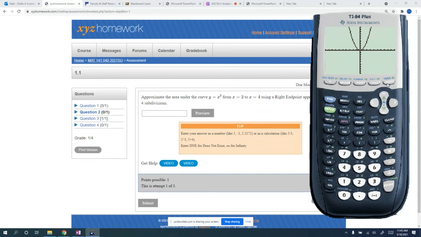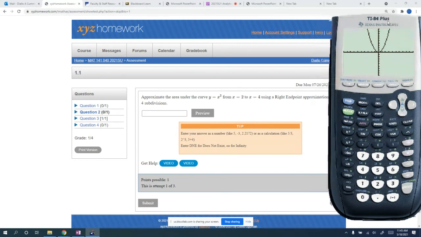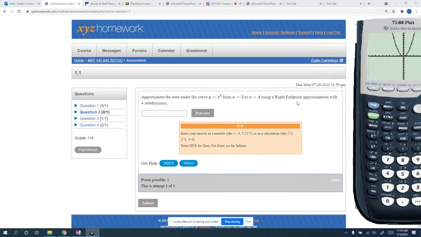So this is y is equal to x squared. From x equal to 2 to 4, we want to find the area using a right endpoint and 4 subdivisions.